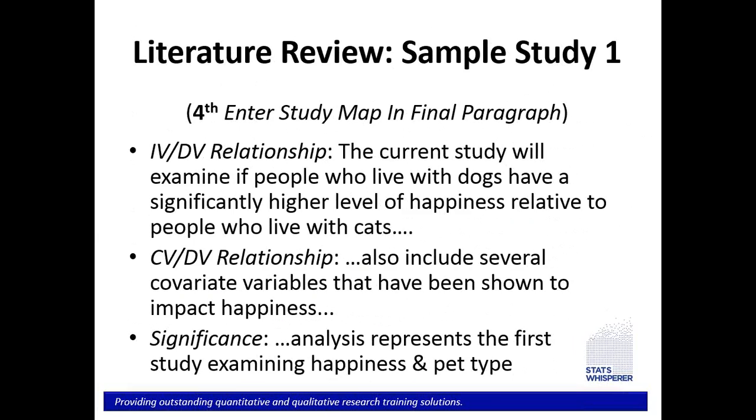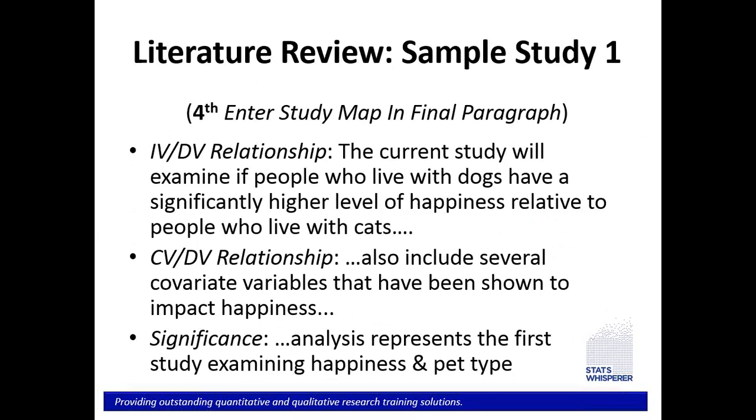So, fourth, we enter the study map in the final paragraph, right? So, we discuss the independent and dependent variable relationship, right? So we say, the current study will examine if people who live with dogs have a significantly higher level of happiness relative to people who live with cats, right?